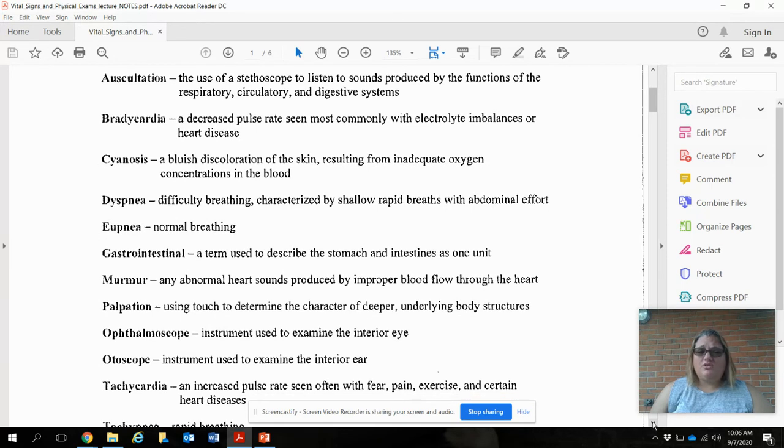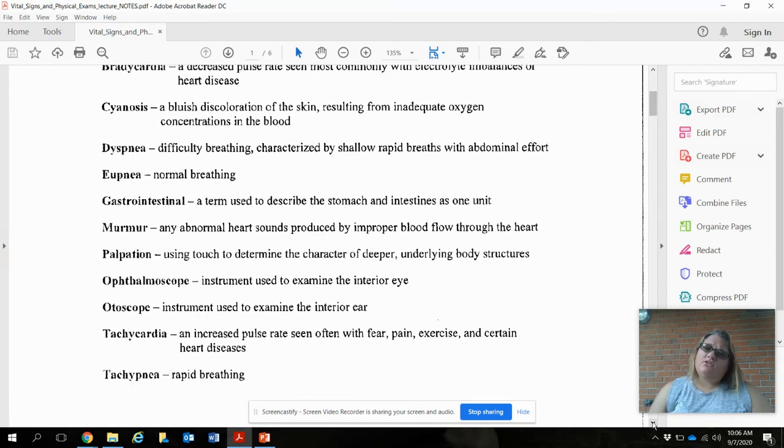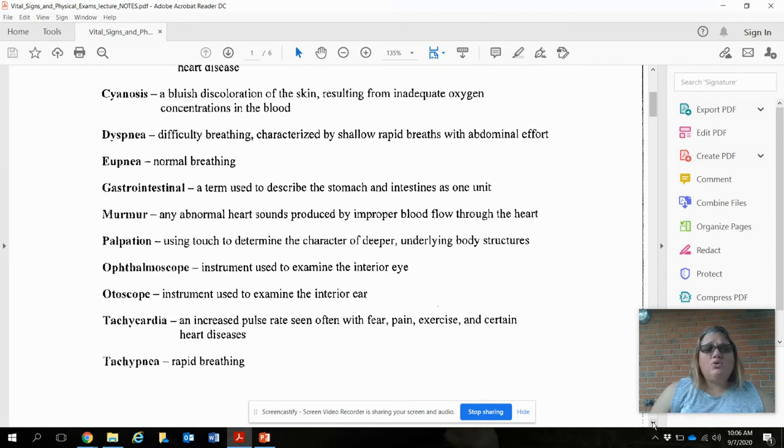Dyspnea is difficulty breathing. Eupnea, normal breathing. Gastrointestinal, just a term that describes the stomach and the intestines. Murmur is an abnormal heart sound. Usually it means the backflow of blood as it's flowing through the heart, like a valve isn't quite working right, keeping the blood pumping through the right way.